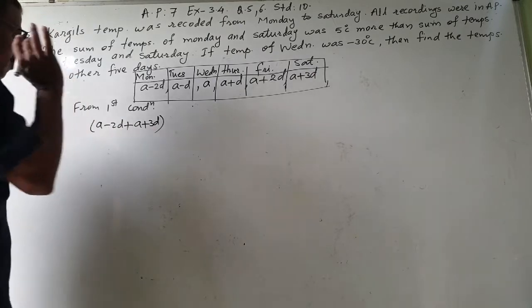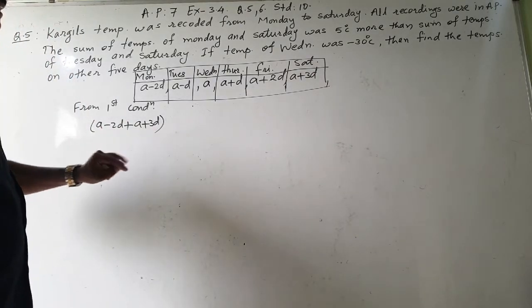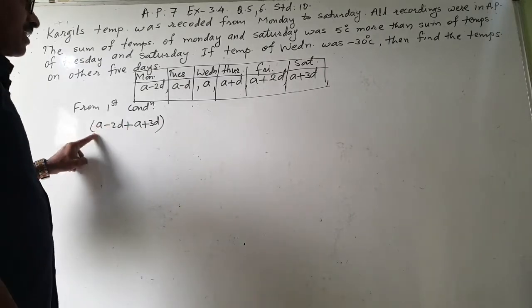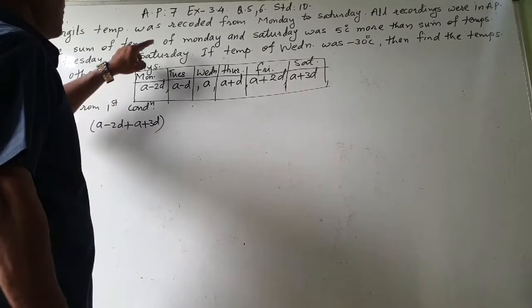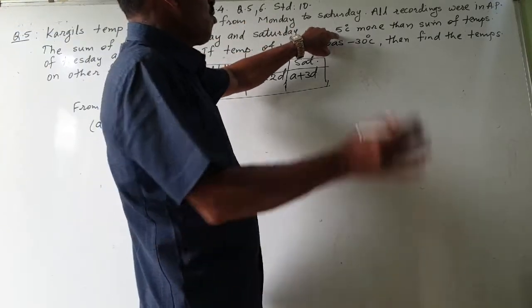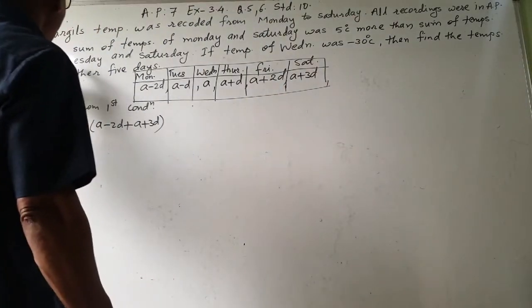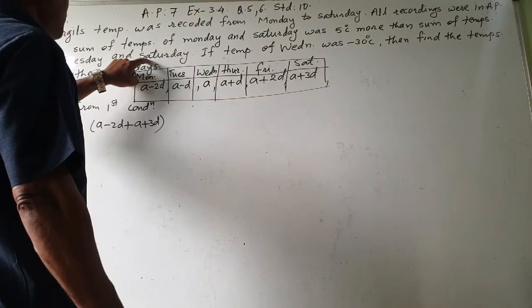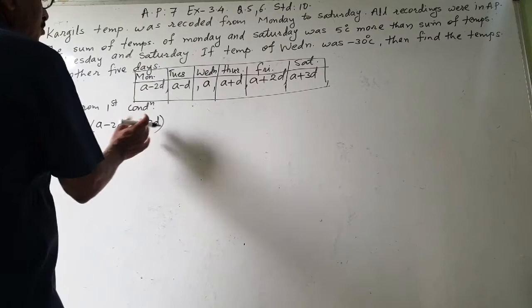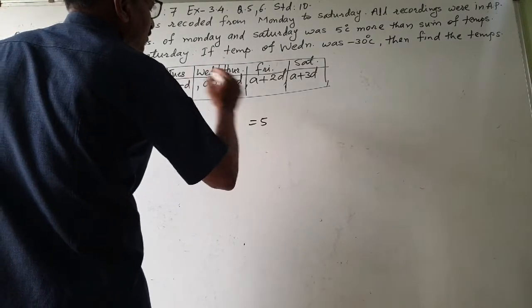This temperature is more: A minus 2D plus A plus 3D. This is Monday, this is Saturday. The sum of the temperatures of Monday and Saturday was 5 more than the sum of the temperatures of Tuesday and Saturday. So this is more; more means the difference is 5 degrees Celsius.